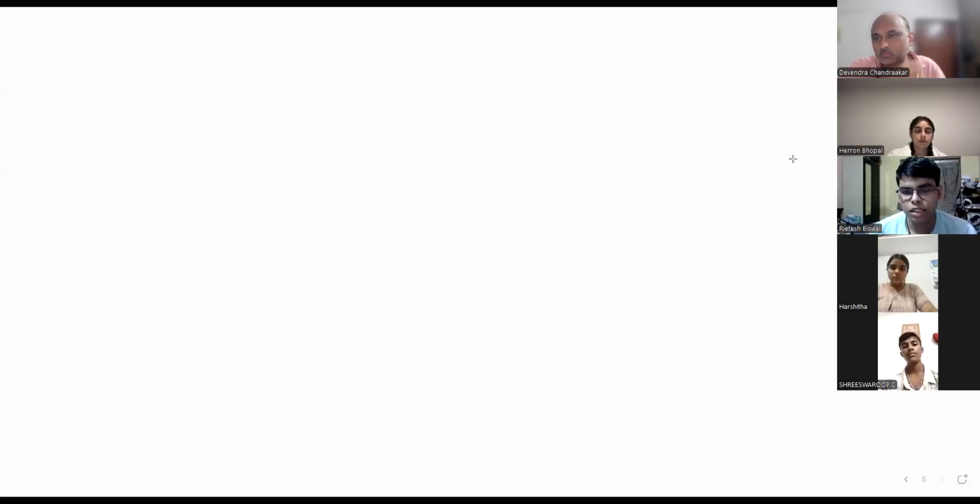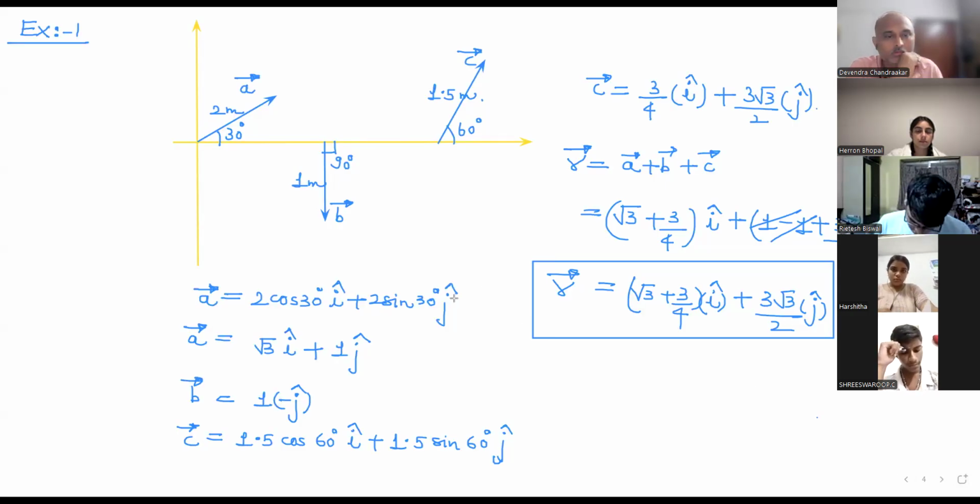Sir, in the vector C, the j cap component, shouldn't it be 3 root 3 by 4? Yeah, my bad. No, one minute. Yes, you are right. This should be 3 root 3 by 4. It's 3 by 2 multiplied by root 3 by 2, so it will be 3 root 3 by 4. Thank you.